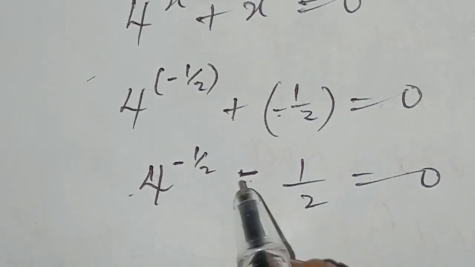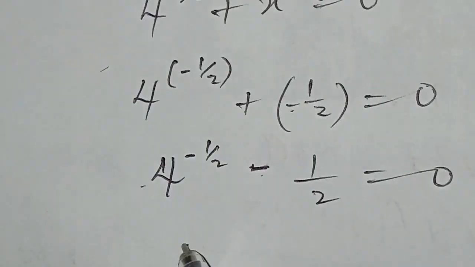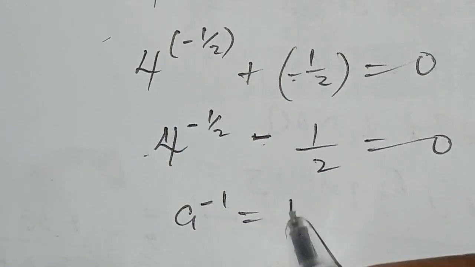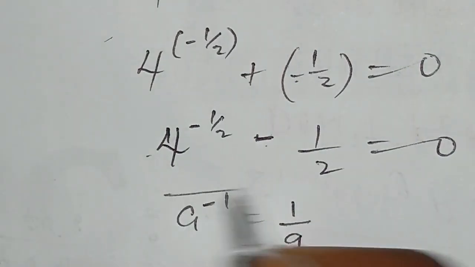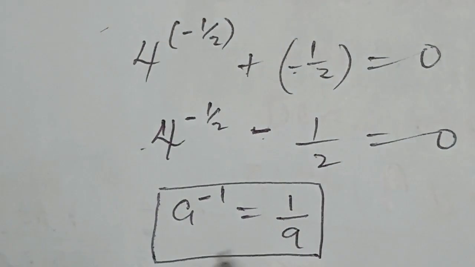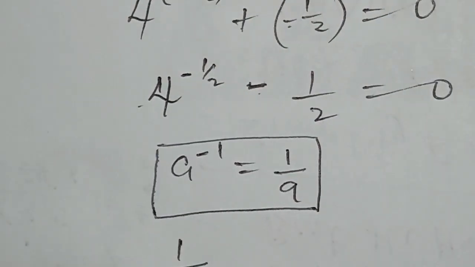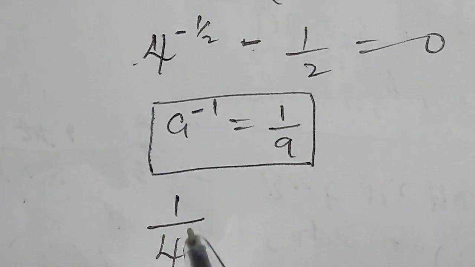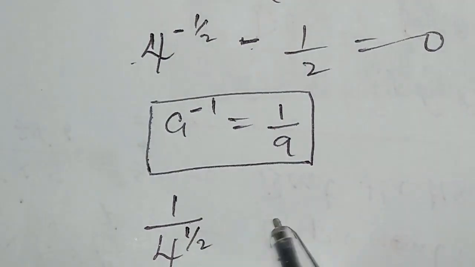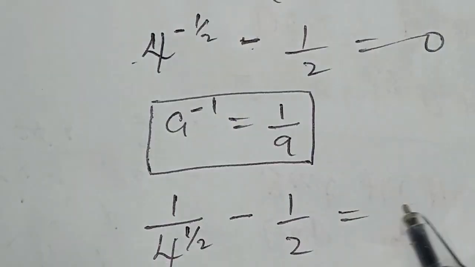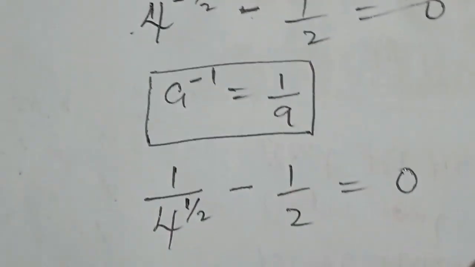So this can now be written as, considering our identity, a to the power of minus 1 equal to 1 over a. So we consider this to rewrite this as 1 over 4 to the power of half, minus 1 over 2 is equal to 0.